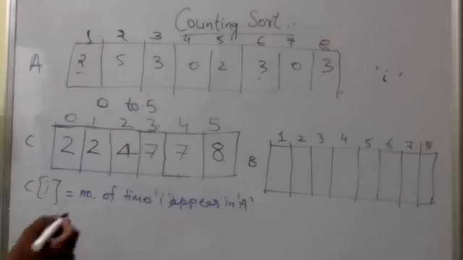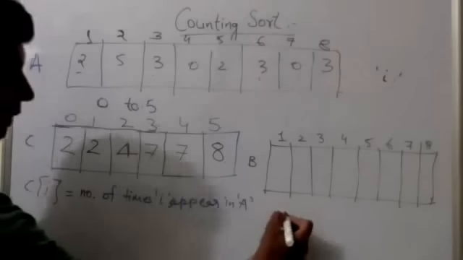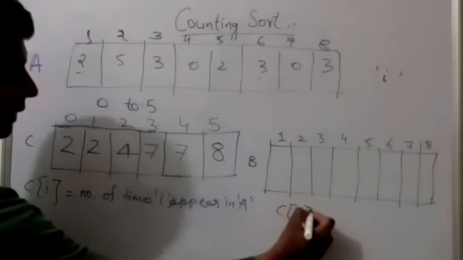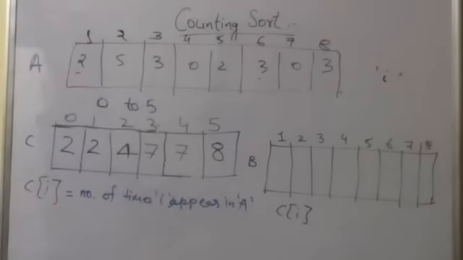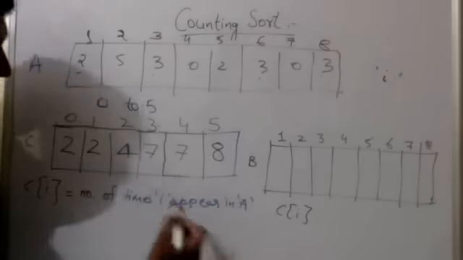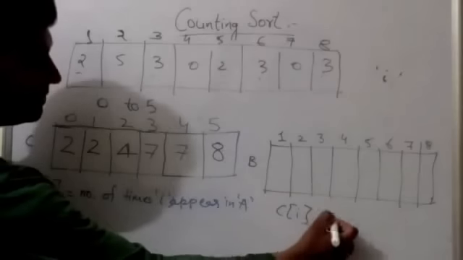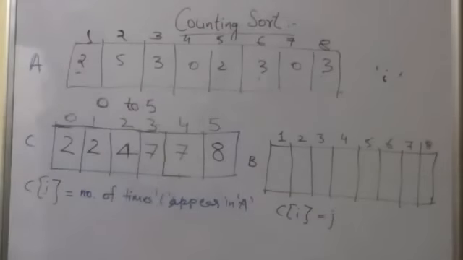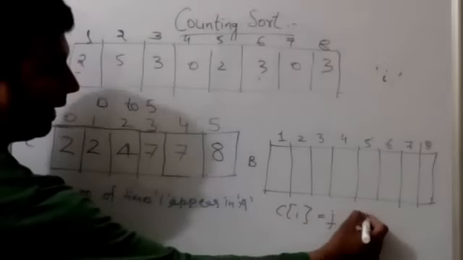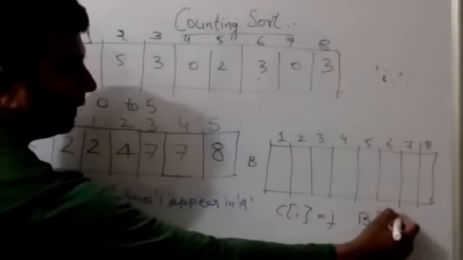We will get the value stored at index I in array C. Suppose the value stored at index I is J. Then at index J in array B, we will store I.